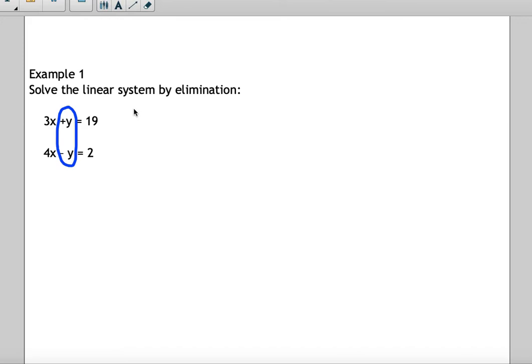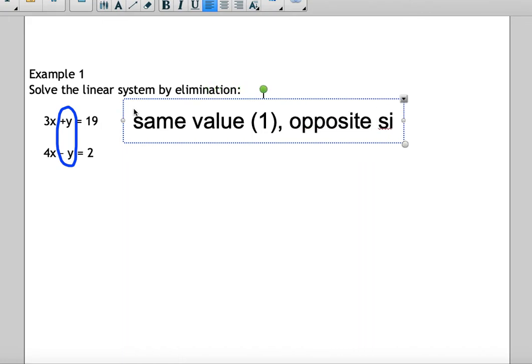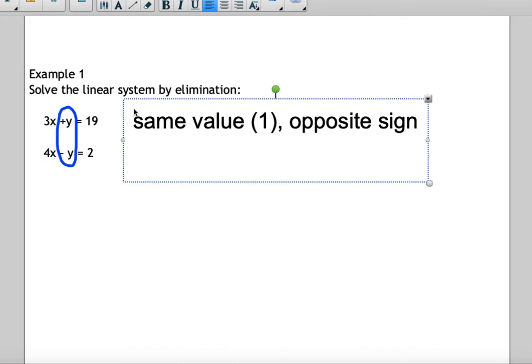So we have the same value, and that value would be 1 as the coefficient on the y. But we've got opposite signs. So when our value is the same and the signs are the opposite, the method is to add the equations.